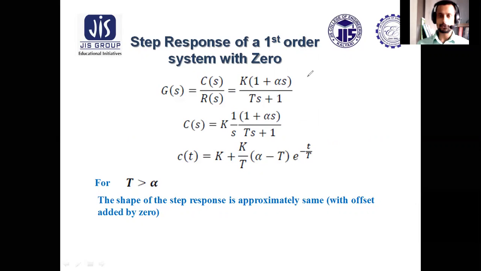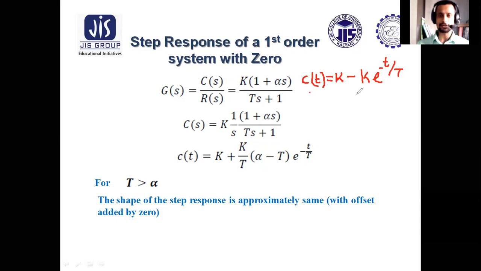We know this equation, which we derived in the last class.